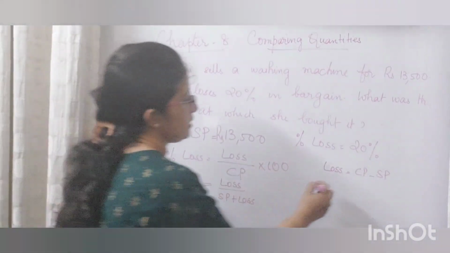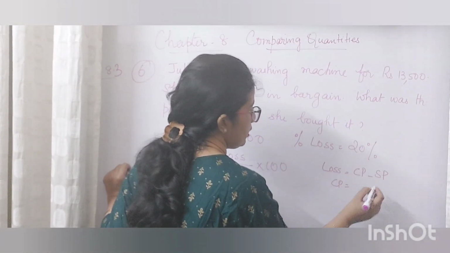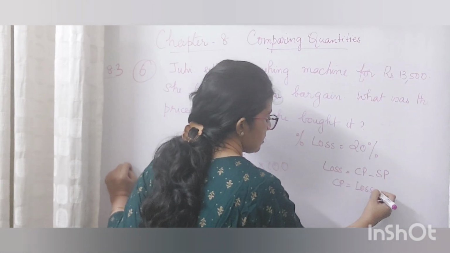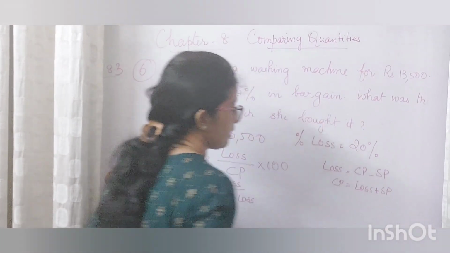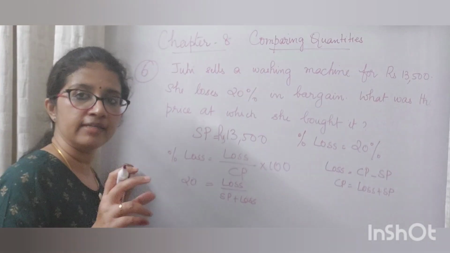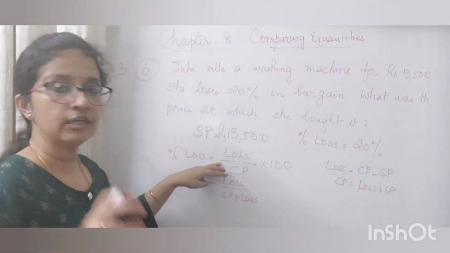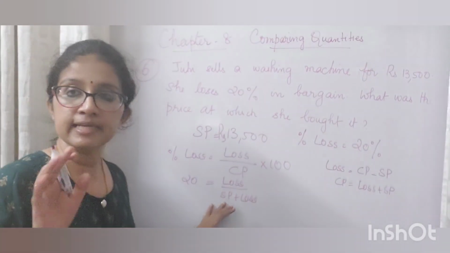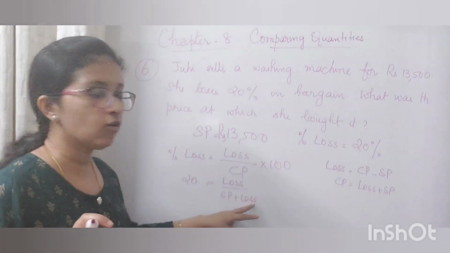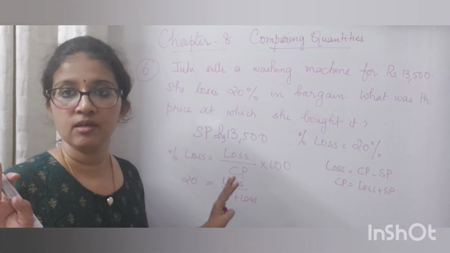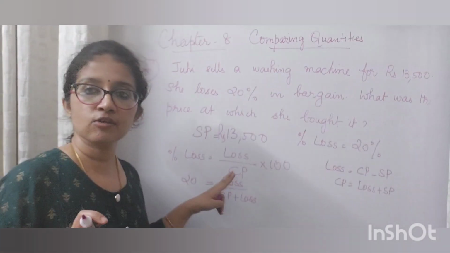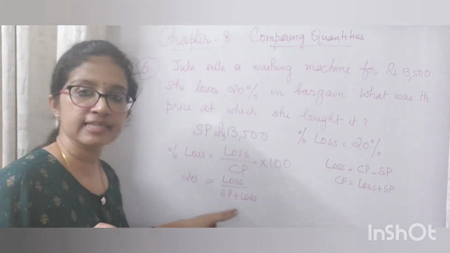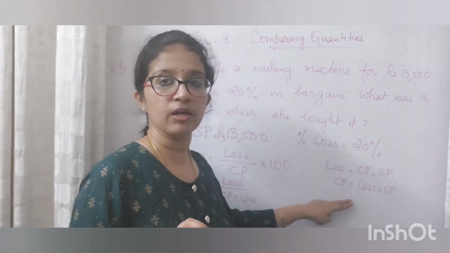So here cost price is equal to, if we take selling price here, loss plus selling price. Correct? So we are trying to write this in terms of whatever things we know. Okay, we already know selling price, but we don't know loss, we don't know cost price. So we are trying to write this cost price in terms of selling price, cost price is equal to selling price plus loss from this formula.